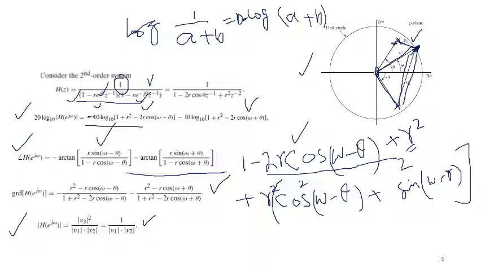So the overall magnitude response in terms of vectors will be equal to, because we have two zero vectors, zero vector square, because they are the same, they are at the origin. Because they are touching the unit circle, their length or magnitude will be equal to 1. So we can write v3 absolute square, and because its value is 1, 1 square is 1, so we get this thing. And similarly for the case of the pole vectors, we have two pole vectors, v1 and v2, so we write it here.